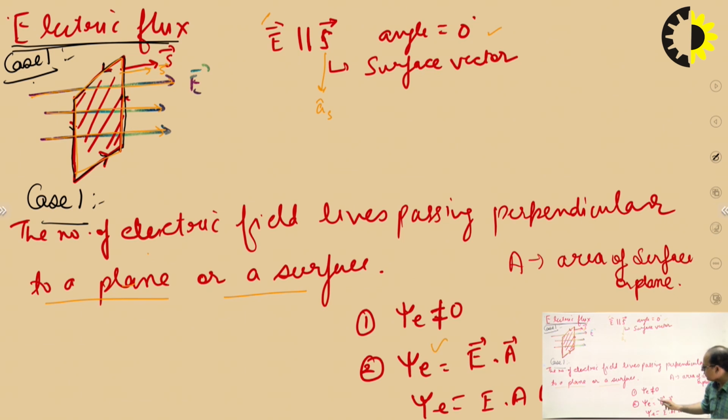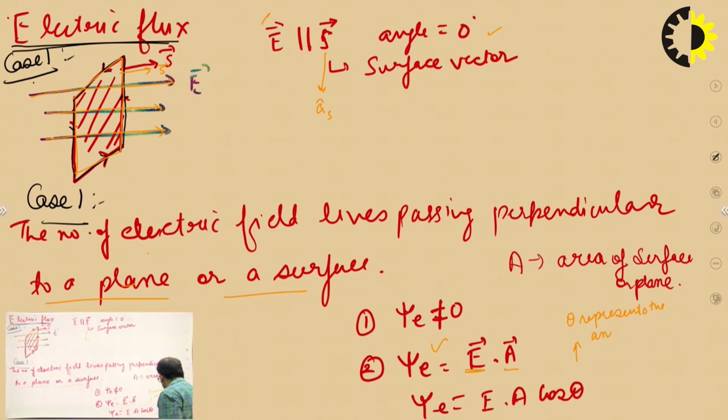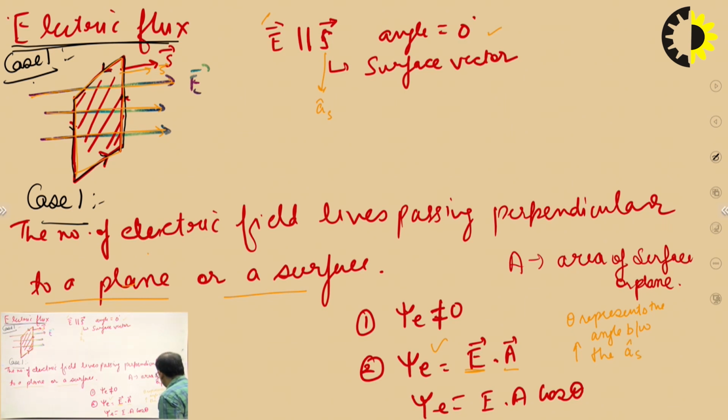So the flux passing through will be equal to the electric field multiplied by its area, or we can say the dot product will represent psi E equal to E dot A, that is E A cos theta, and this theta represents the angle between A cap S, the surface unit vector, and the electric field.